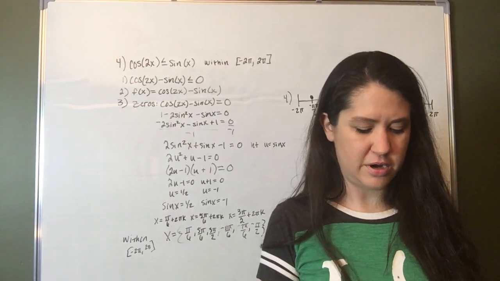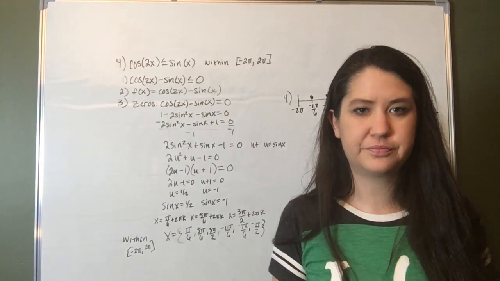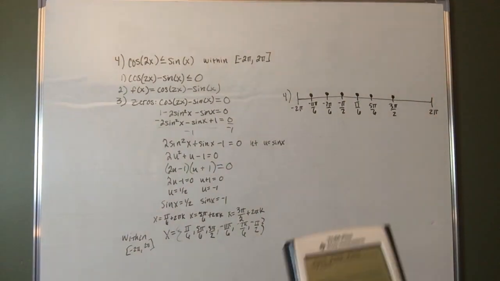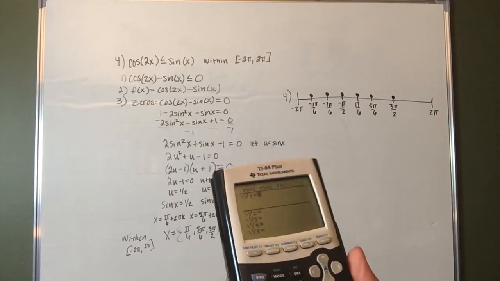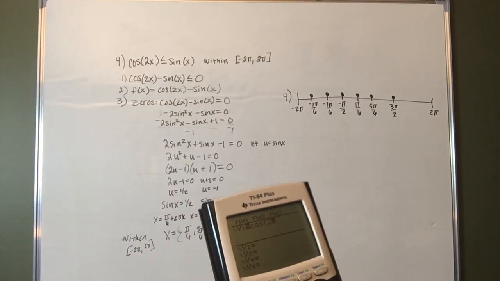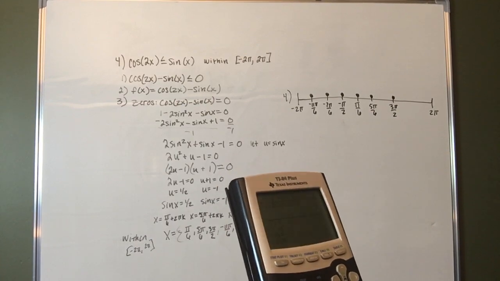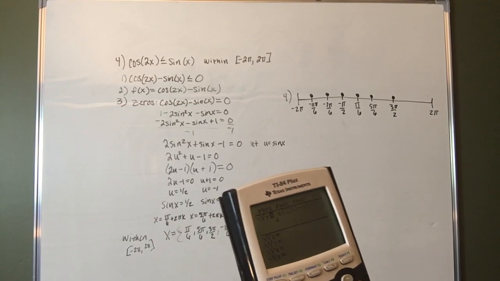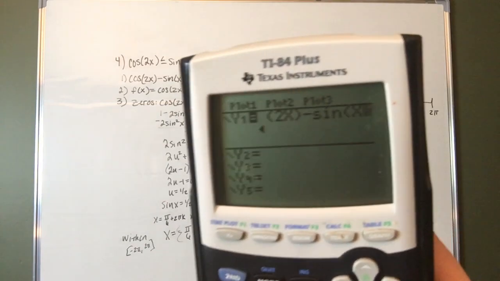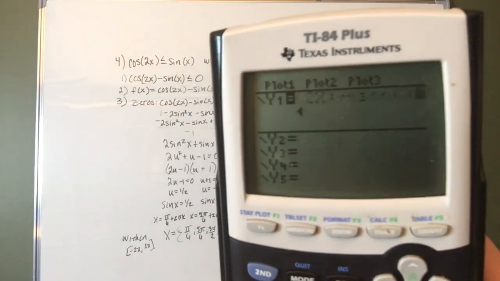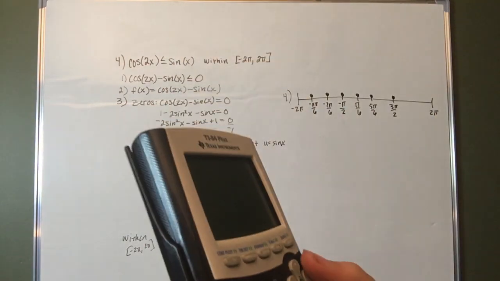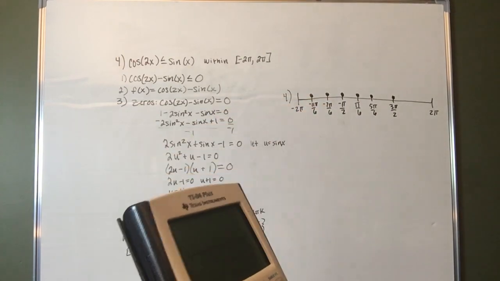All right, here we go. We're going to go to y equals. We're going to graph this. So we're graphing cosine 2x minus sine x. All right. Graph. Oh, you know what?